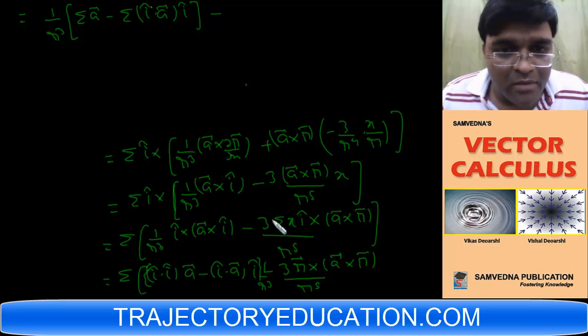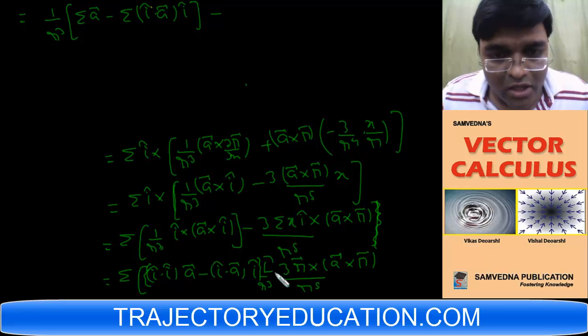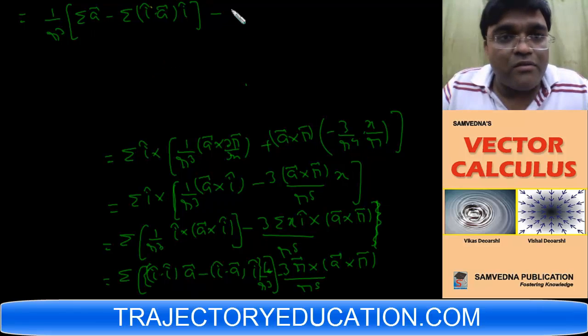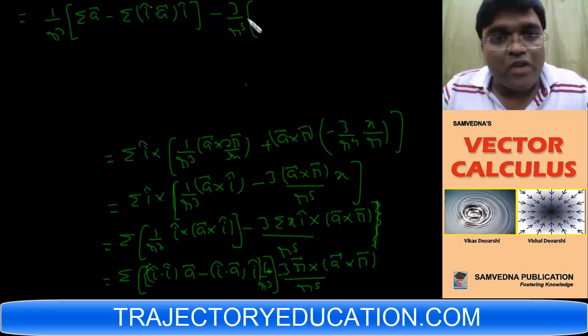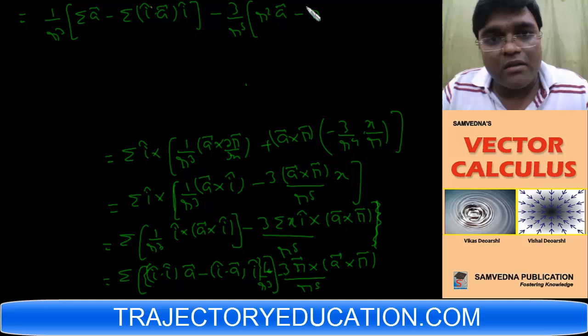See, I have already taken sigma over here, so I'll put it like this. Alright, I have already taken sigma in the second term, so I'll put it like this, minus sign. Alright, so this is 3/R⁵, so R×R is R², A minus (R·A)R.